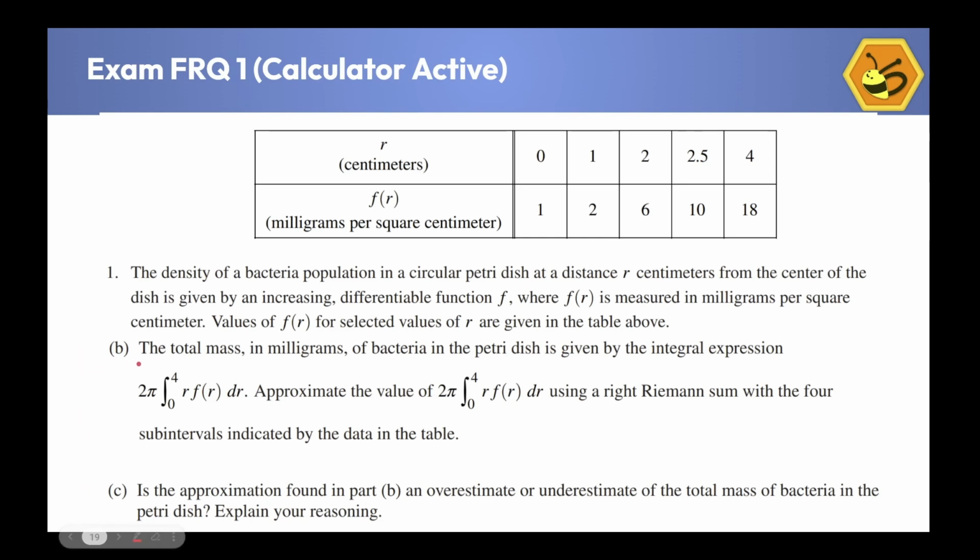For part B, the total mass in milligrams of bacteria in the petri dish is given by the integral expression 2 pi times the definite integral from 0 to 4 of R f(R) dR. We want to approximate the value of it using a right Riemann sum with the 4 subintervals indicated by the data in the table. Feel free to try part B out and message me your answer in the chat.